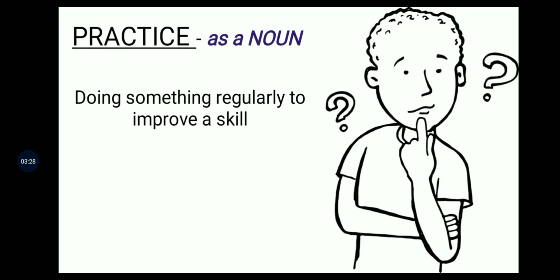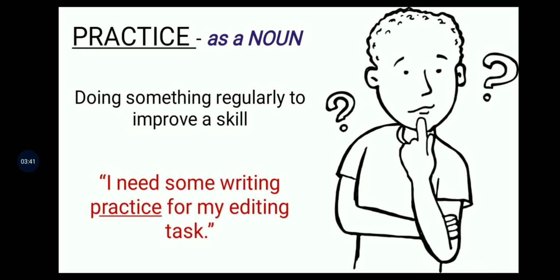So in the case of a noun, it is not referring to who is performing the action. It is looking into the act of improving something or a customary habit that is being performed. So for instance, you frame a sentence like, I need some writing practice for my editing task. Here you're making use of the word practice as a noun.